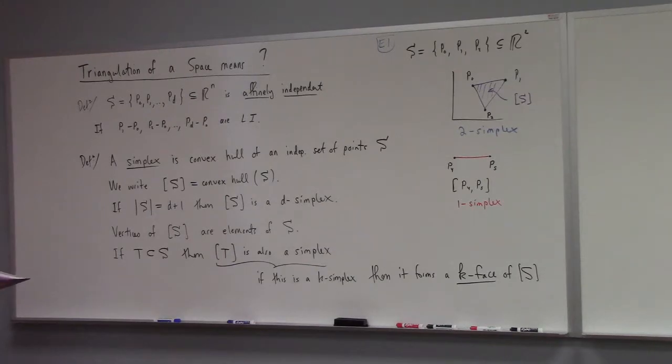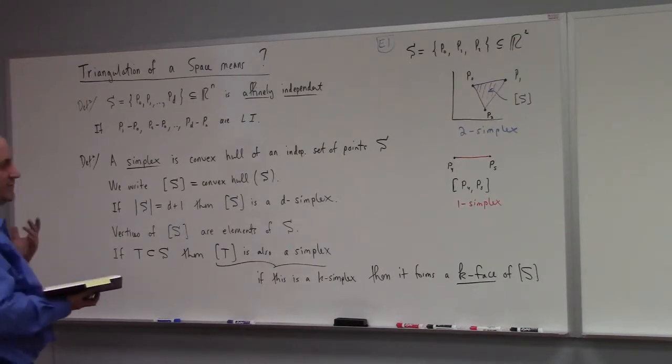Is the combination of all faces the boundary of S? Let's see here. The set of vertices are 0-faces. Each vertex considered on its lonesome is a 0-face. And P0, P1 would be a 1-face of that 2-simplex up there. So yeah, I think that's fair. The set of faces of a simplex forms its boundary. But there could be some duplication there.